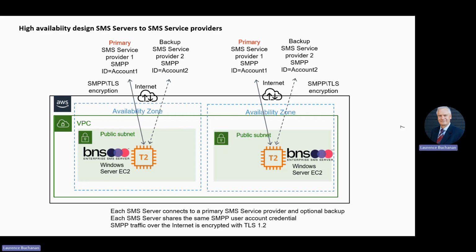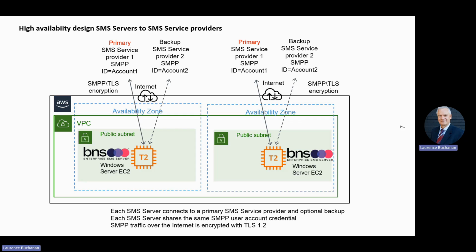So if SMS service provider 1 has got a number 0412111111, when it flicks over to the backup, it might be 0413222222. So for the customer response on the backup service, that response will come in via the backup service provider.